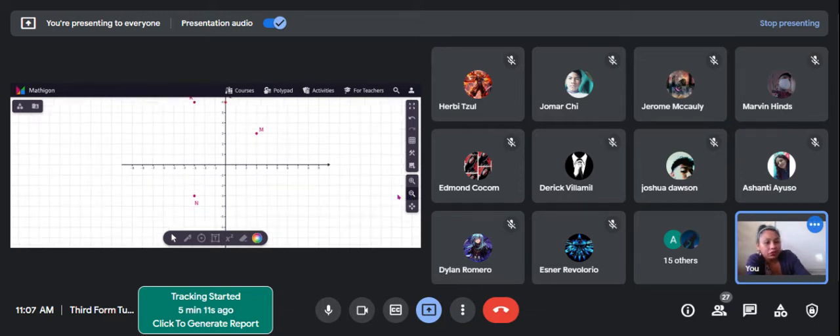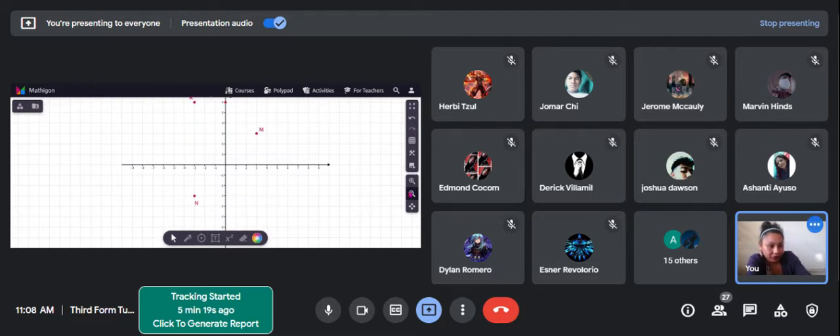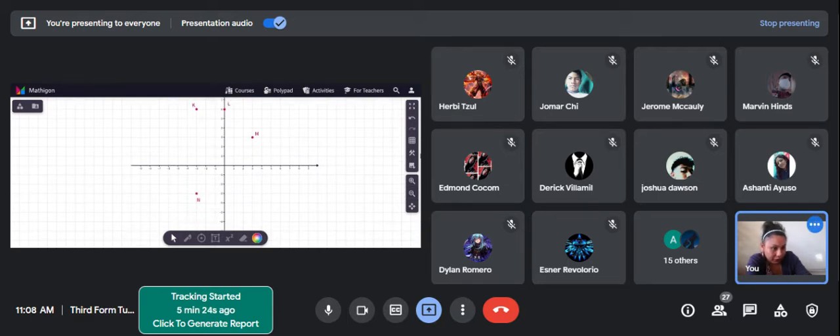All right? So when you take a look at your graph, it should look like this. KL at the top, M over on this side, and N at the bottom. KLMN. And then you go ahead and you connect the dots with your ruler, not freehand, and that is what you should have on your graph sheet.